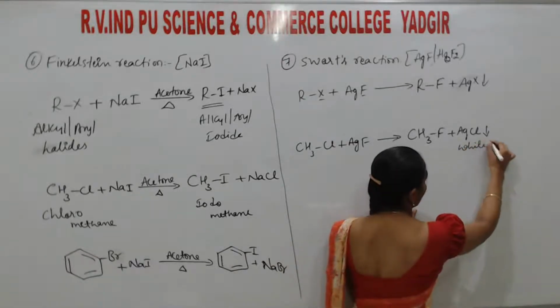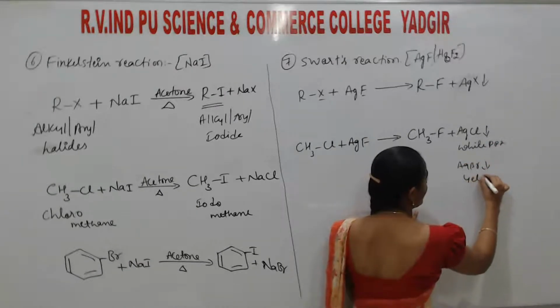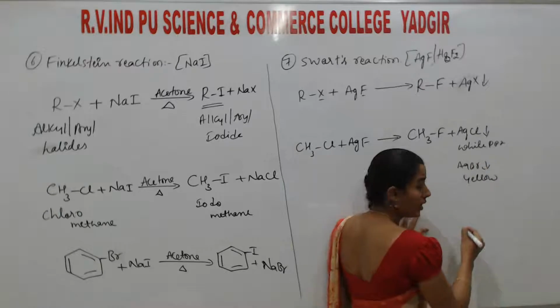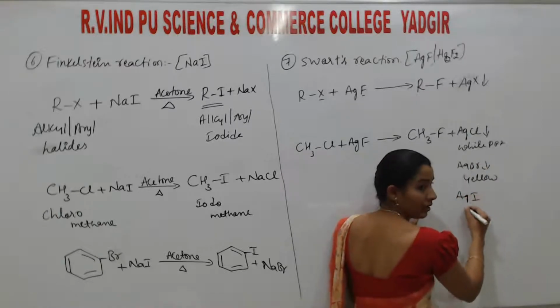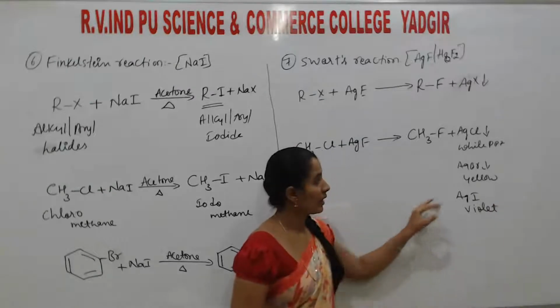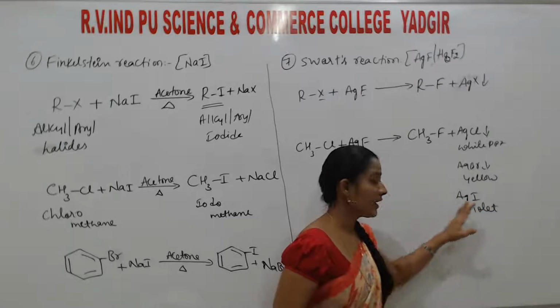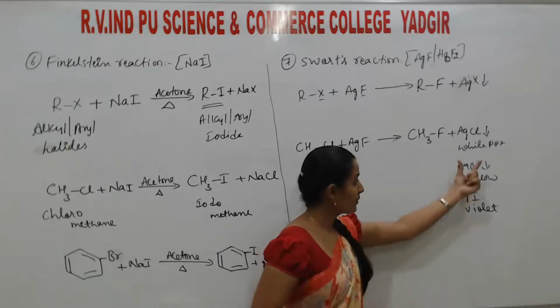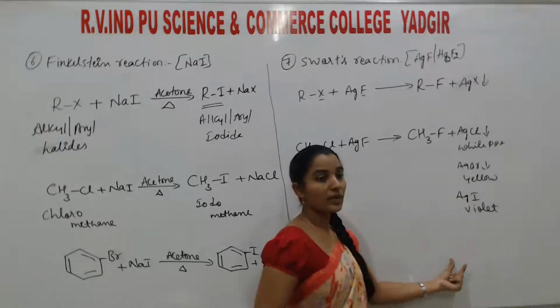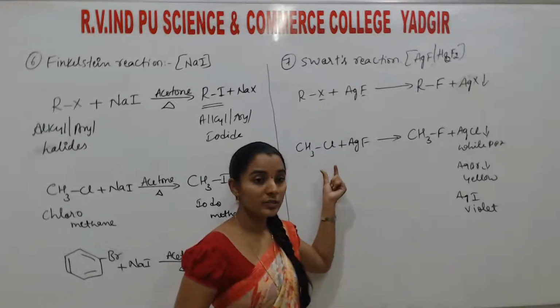If AgBr is there, yellow precipitate. Okay? If AgI is there, violet precipitate. AgCl white, AgBr yellow, AgI violet.